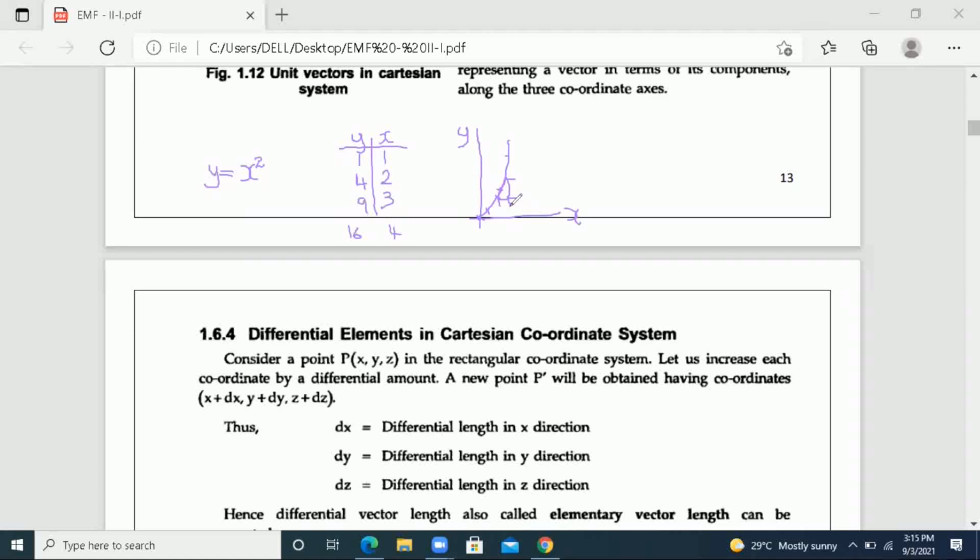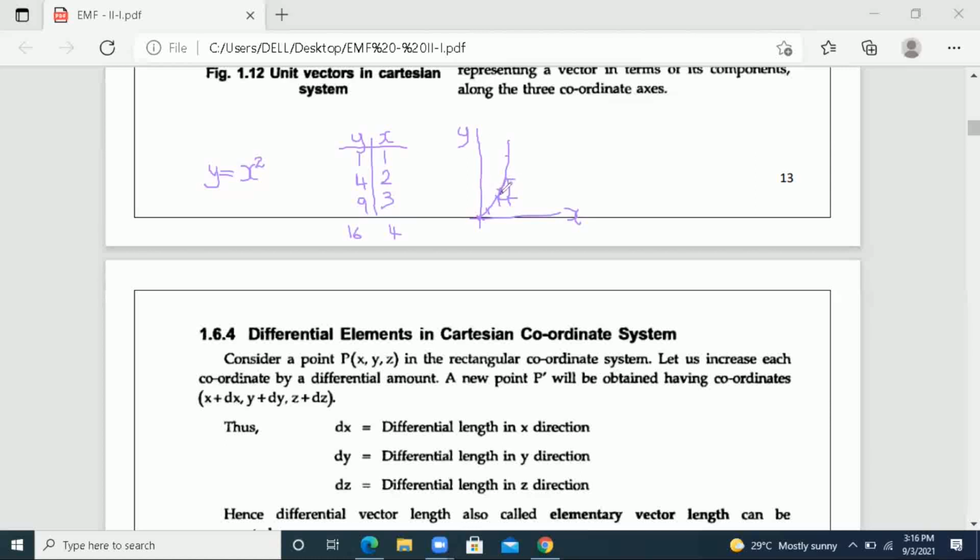I said, this is the point that we draw the tangent to. So we draw this tangent. But I'm saying to go from here to here, we make a small change in the value of y, right?